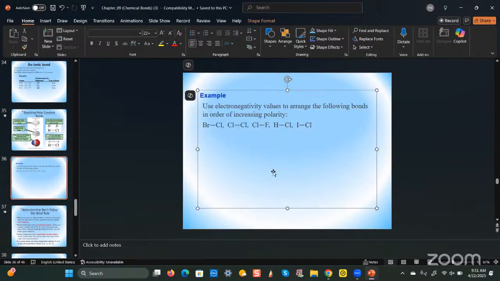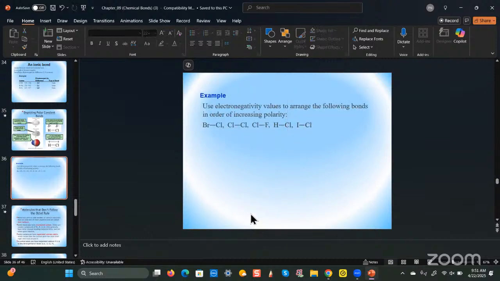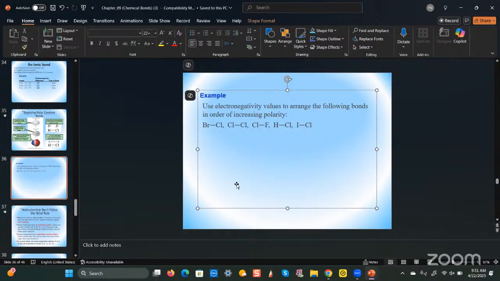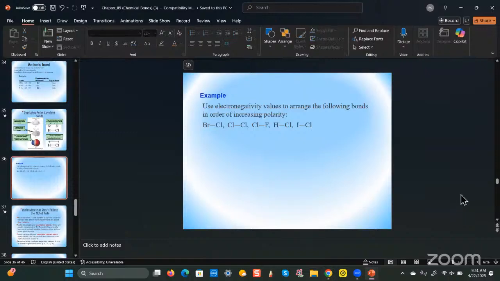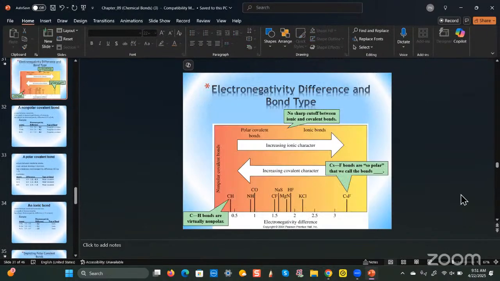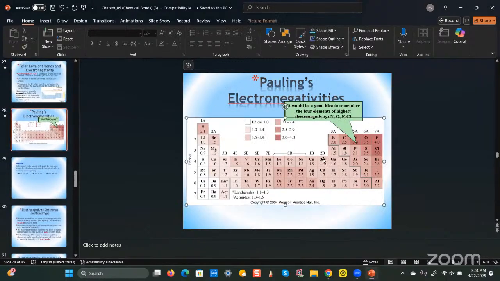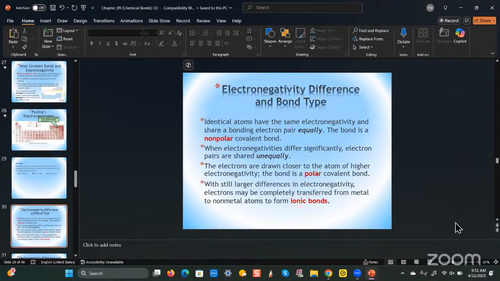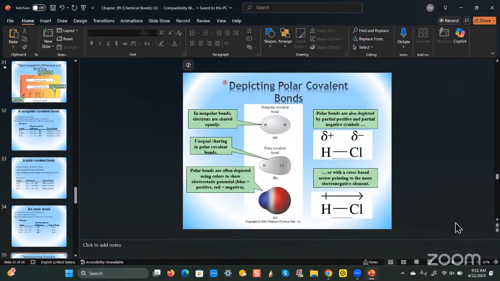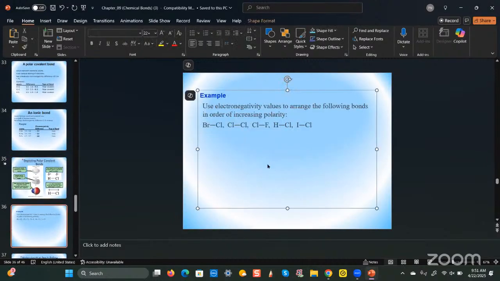Smaller, oops, no. Will we be given that chart?